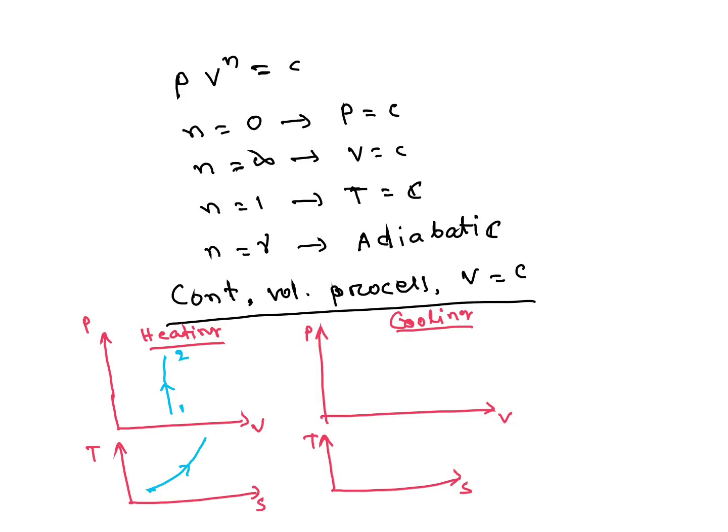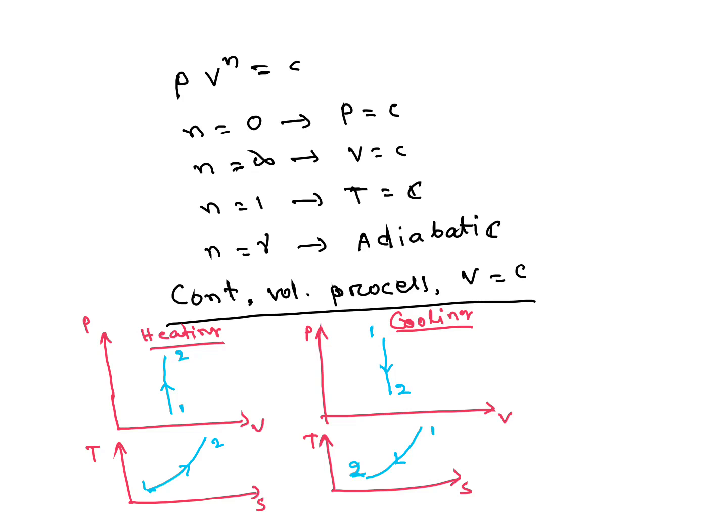And for cooling, initial to final, and in TS plot 1 to 2. Both are important. For IES, GATE and ISRO also, this is very, very important.